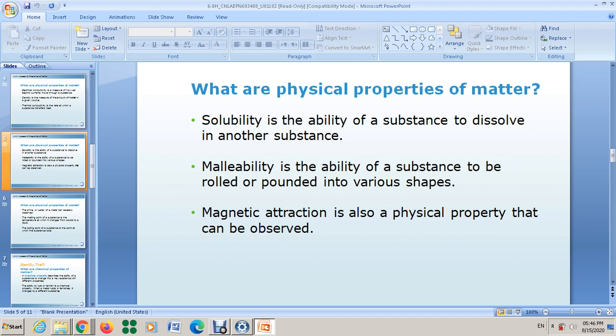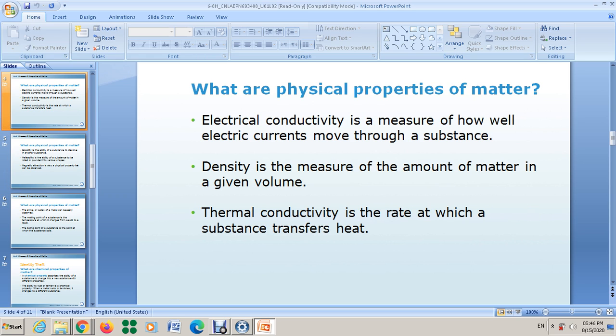Okay, the malleability, I can use my senses to see if the aluminum can make shapes. The solubility also, you can observe it, right? The thermal conductivity, you can also observe it. Density, you can measure it.